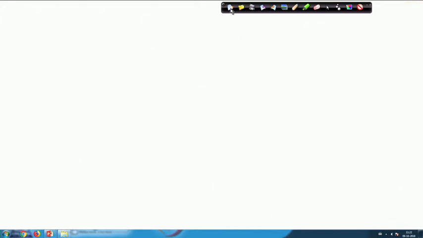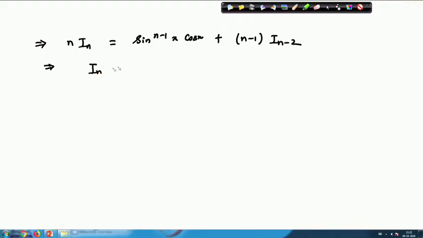This will become n times I n equals minus sin n minus 1 x cos x plus (n minus 1) times I n minus 2. If I divide by n on both sides, since n is a positive integer, we can do that. So I n equals minus sin n minus 1 x cos x divided by n plus (n minus 1) divided by n times I n minus 2. This is our required reduction formula for sin to the power n x dx.